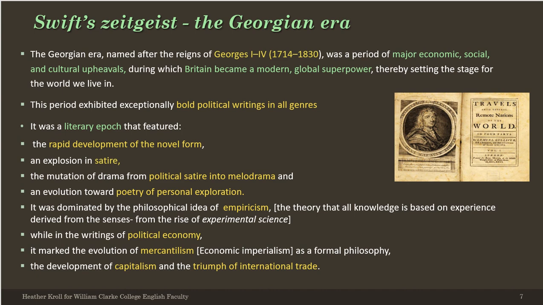And we see this evident in Gulliver's Travels through the mercantile ships, or the trade ships, travelling around the oceans, of which Gulliver worked on some and hitched a lift on others. So they were everywhere. And then we have the development of capitalism and the triumph of international trade.